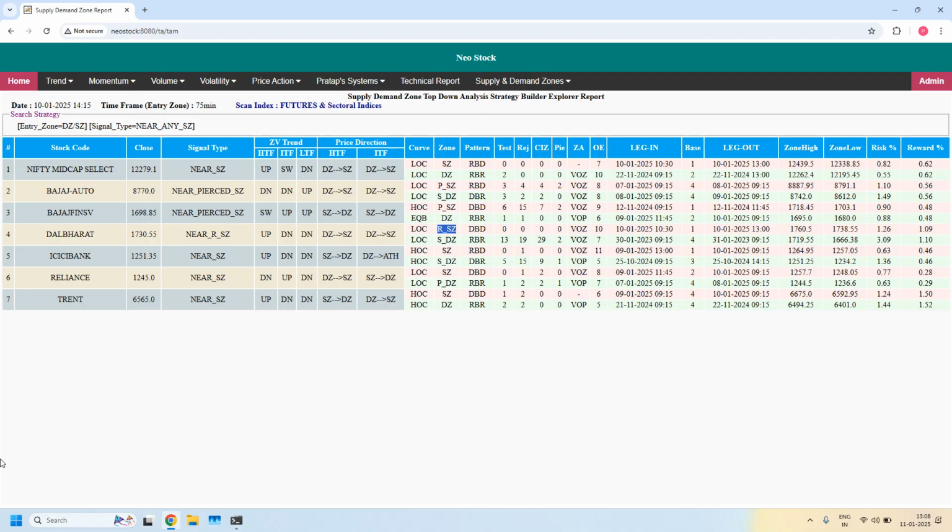Okay, this is about 75-minute supply zone, 1 high liquidity zone we identified from this list.